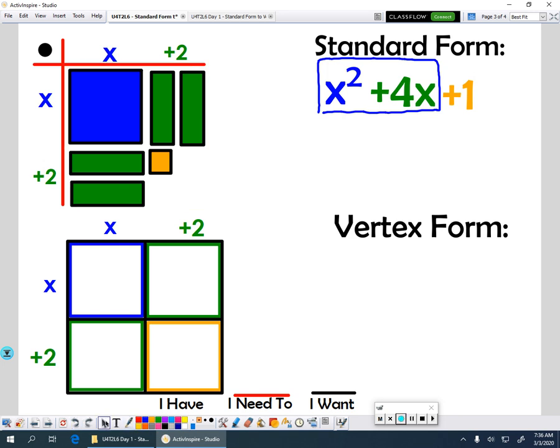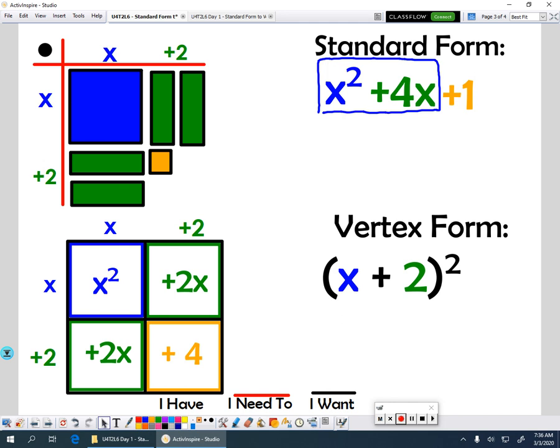All right, let's look at my vertex form then. So I've got my x squared, I've got my 4x. Now remember, everything is based on if it was a perfect square. If this was a perfect square, I would have 4 ones. Because remember, vertex form starts out with what it would be if it was a perfect square. In a perfect square, I'd have x plus 2 squared. But in my perfect square I have 4.